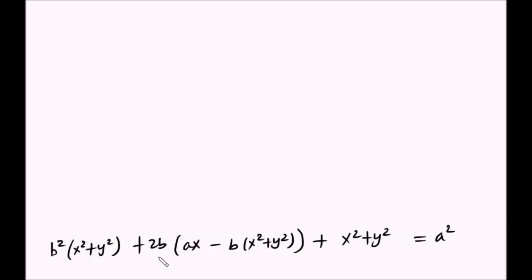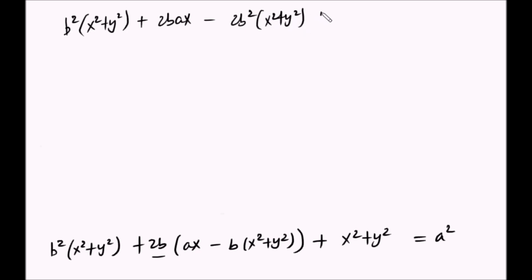Okay, ili tumalize hii 2b tufungue mabano hapo. Inakuwa ni b squared, we have x squared plus y squared. So here we have plus 2b ax, au unaweza kusema 2abx. So hapa tuna minus 2b squared. So this one is x squared plus y squared. So again tunajumlisha hapa x squared plus y squared.